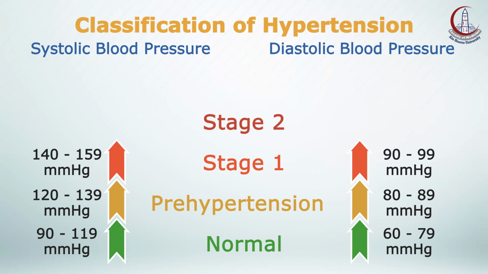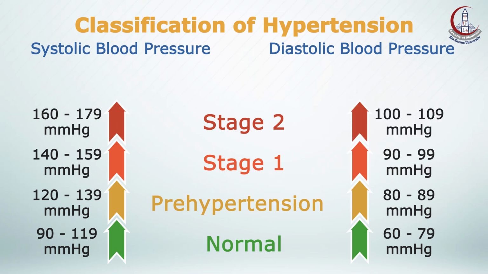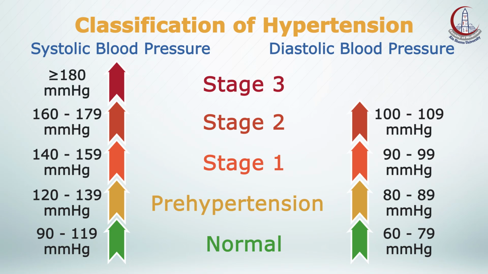In stage 2, the systolic blood pressure is between 160 to 179 millimeter mercury and the diastolic blood pressure is between 100 to 109 millimeter mercury. As for stage 3, the systolic blood pressure will be more than or equal to 180 millimeter mercury and the diastolic blood pressure will be more than or equal to 110.